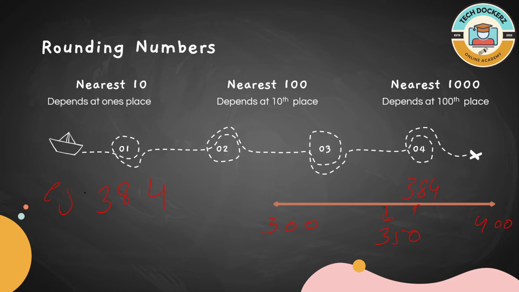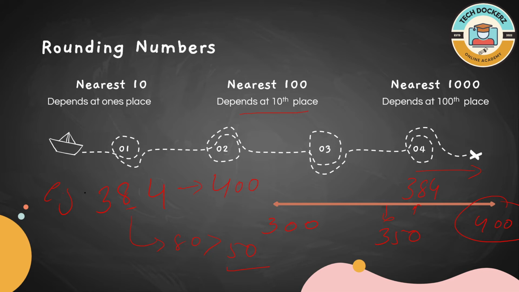All right. And as we learned, rounding the numbers to the nearest 100 depends on the tens place. What is the value at the tens place? It is 80, which is greater than 50. If the value is greater than 50, the number will increase to the nearest 100. So the number will become 400 as the tens place is greater than 50.